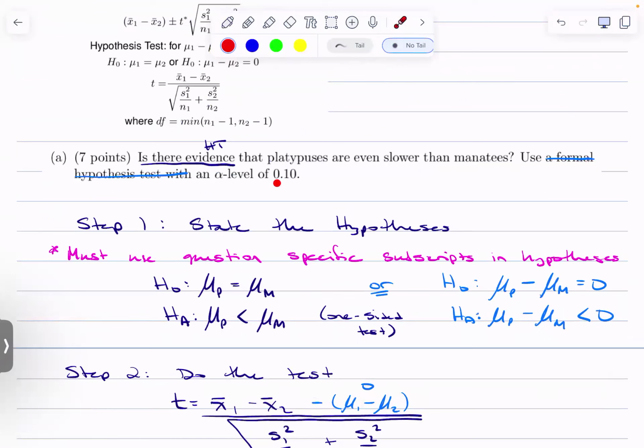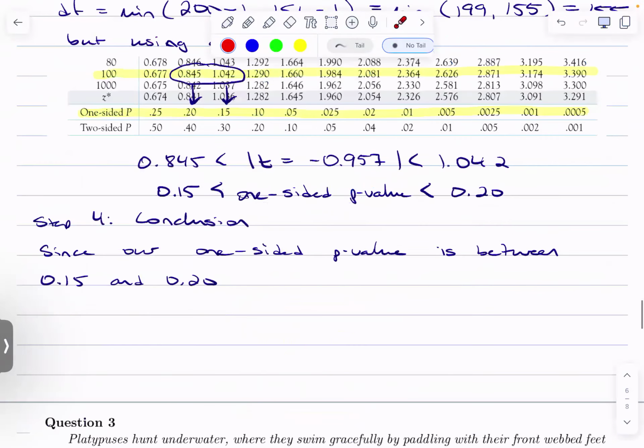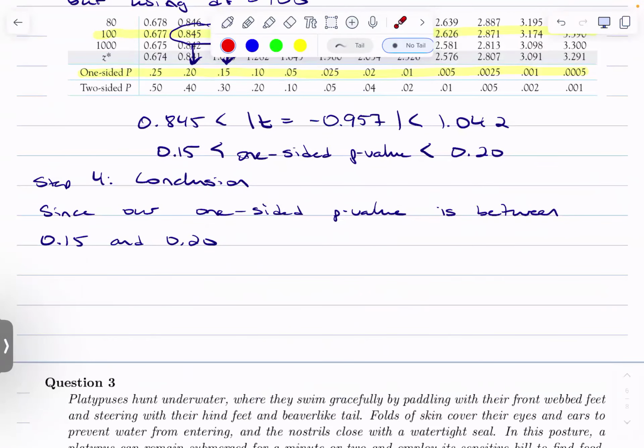And so, since our one-sided p-value is between 0.15 and 0.20, it is not less than our alpha level. Whoops, can't write anymore.